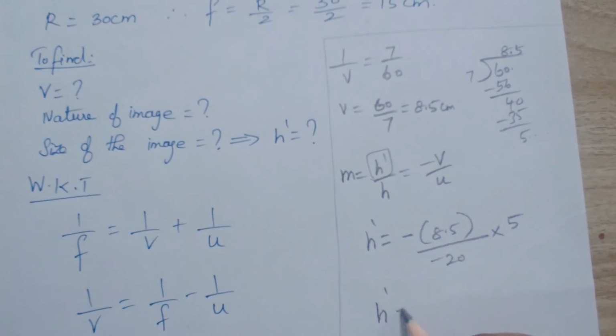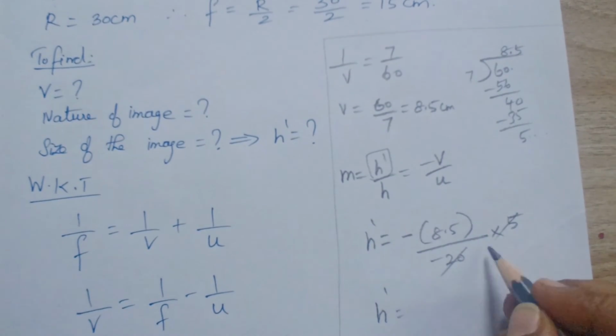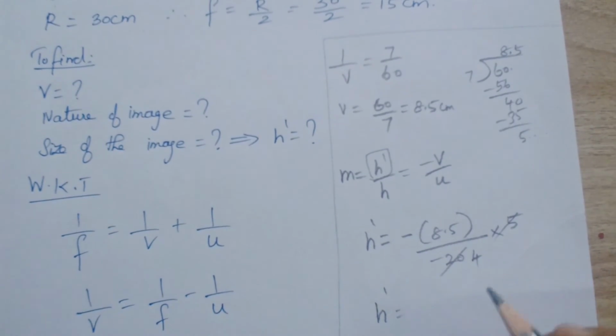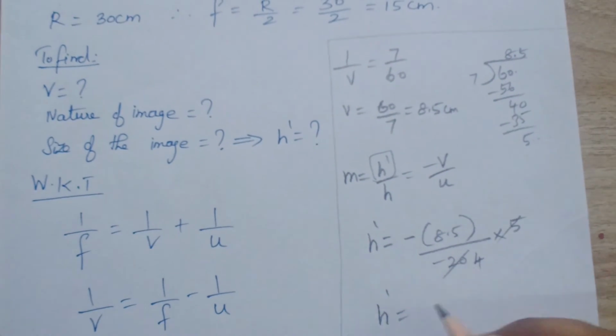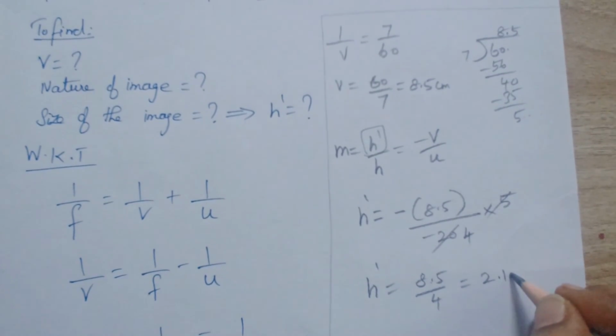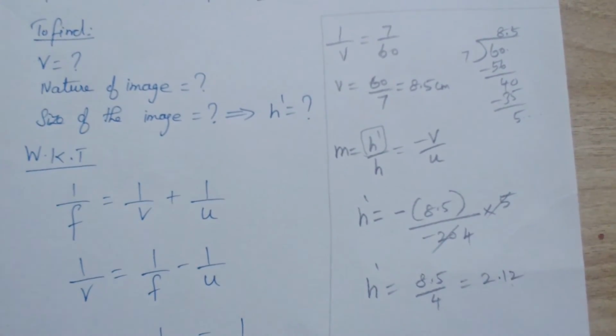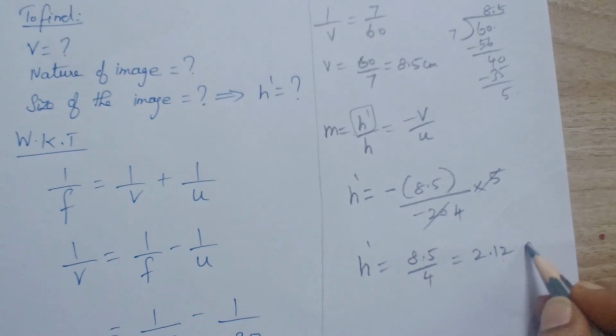Definitely you will get a positive value only. If we cancel this, it becomes 4. So h dash becomes 8.5 by 4, which equals 2.12. So the height of the image is 2.12 centimeter.